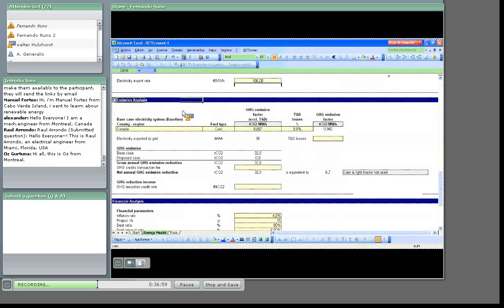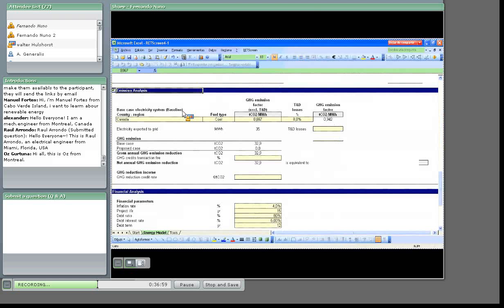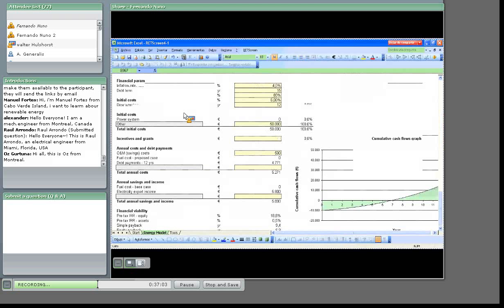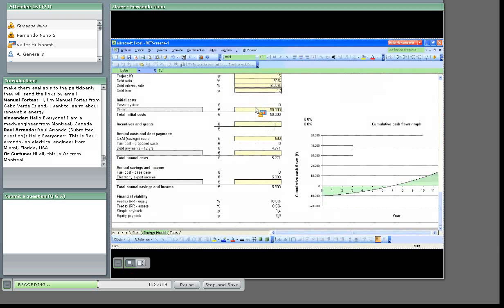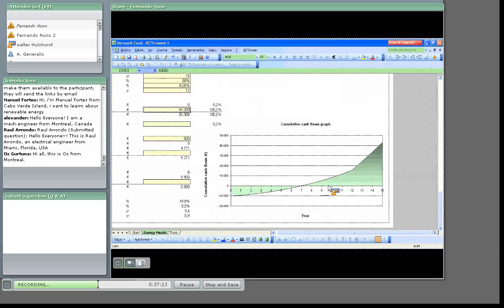So again, emission analysis, we don't need to come back. Then in this case we see how with a similar project ratio about finance, we can afford a higher investment, 50,000 euros, because we have a much higher production. This definitely changes our financial figures and our economic figures for the project.